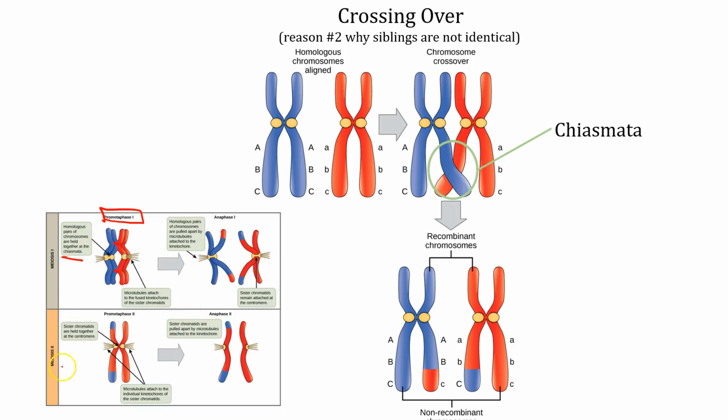In meiosis 2, there aren't two homologous pairs lining up side by side, just duplicated sister chromatids, so this business about chiasmata does not happen. All of this crossing over occurs in prometaphase and metaphase 1 of meiosis 1.